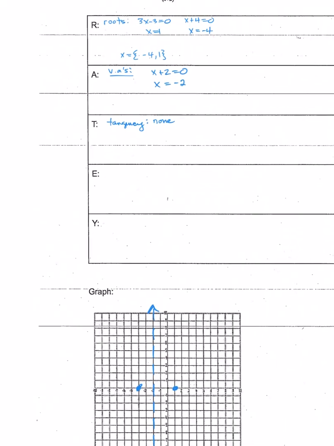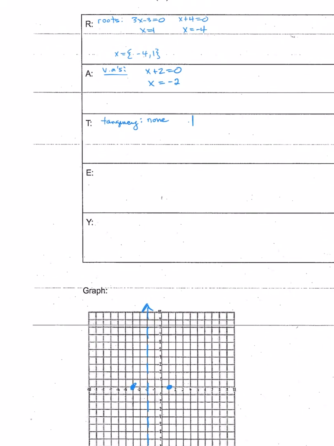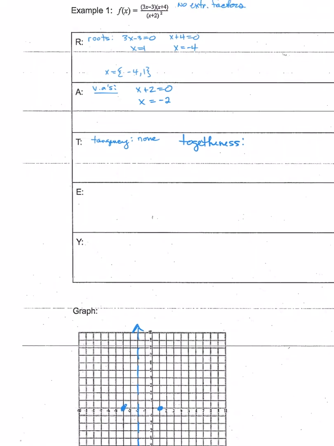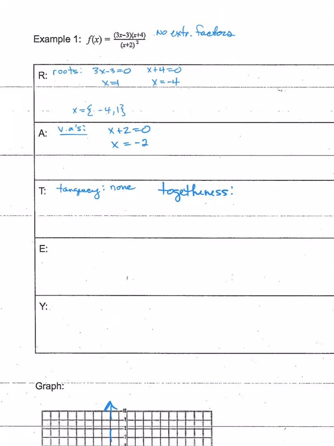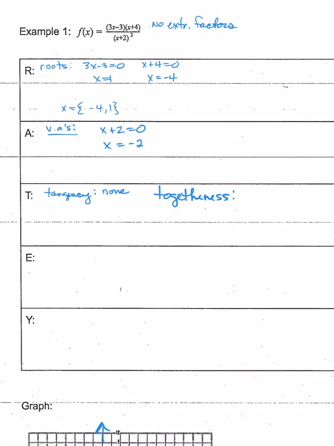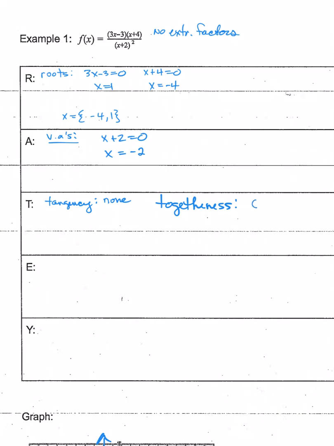Now, this is where we talk about togetherness as well, isn't it? Does this thing have togetherness or not? How do we tell? Remember, we're looking at this right here. Is it even or odd? It's even, so does it have togetherness? Yes.